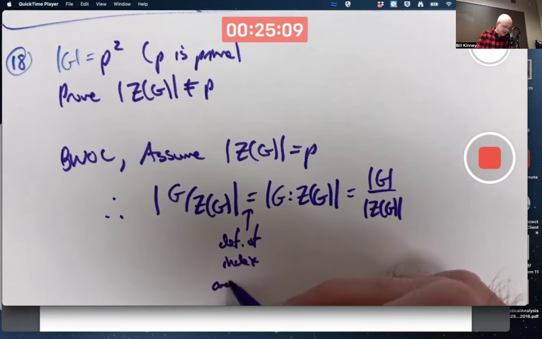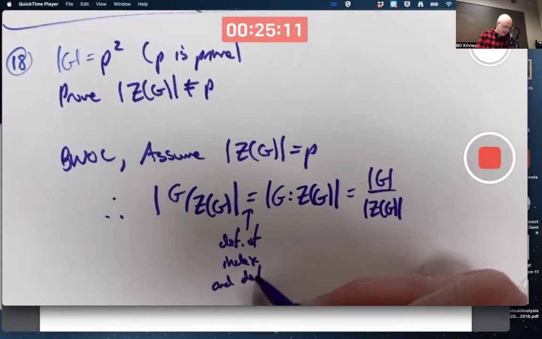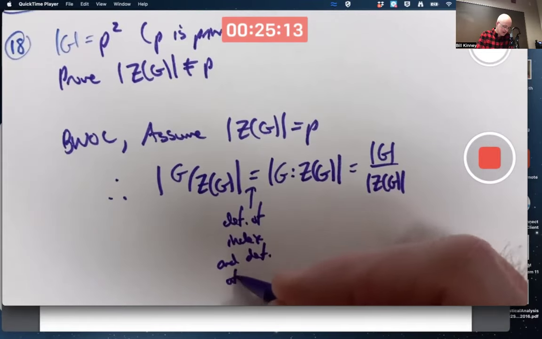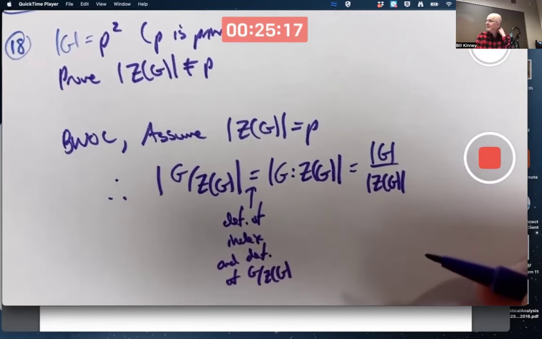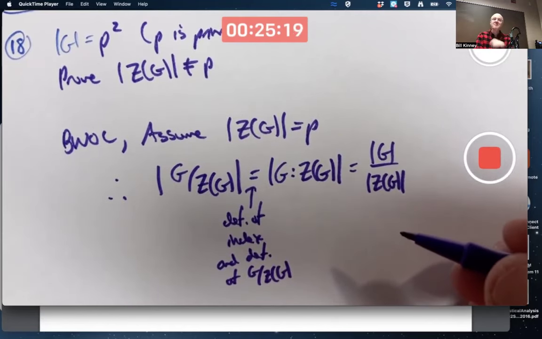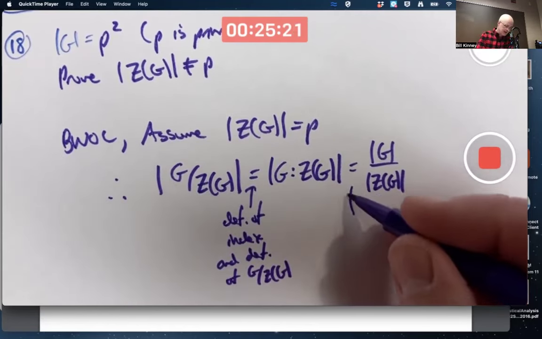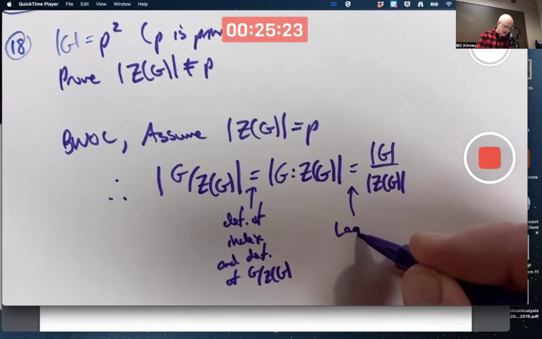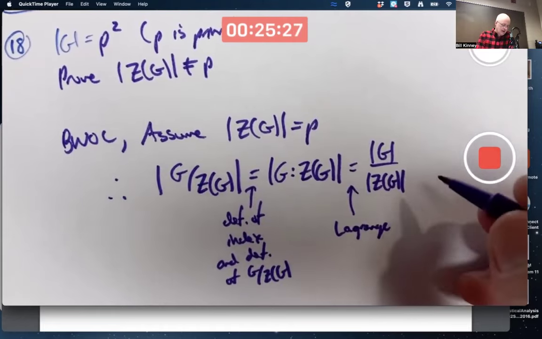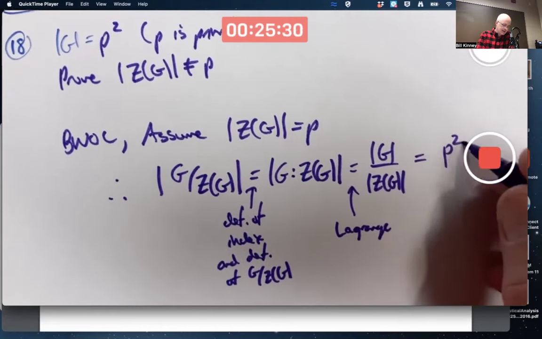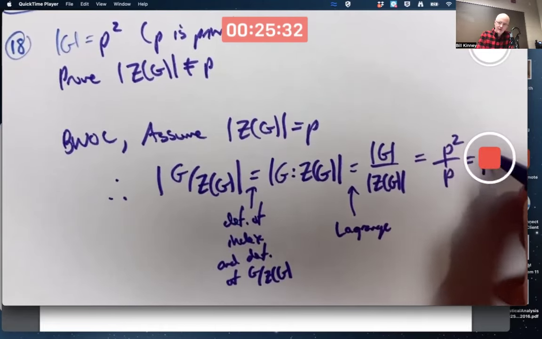And you also could say it's the definition of the factor group as being made up of elements that are cosets. And this is Lagrange's theorem, the second sentence in Lagrange's theorem. And by assumption, that's P squared over P, which equals P.